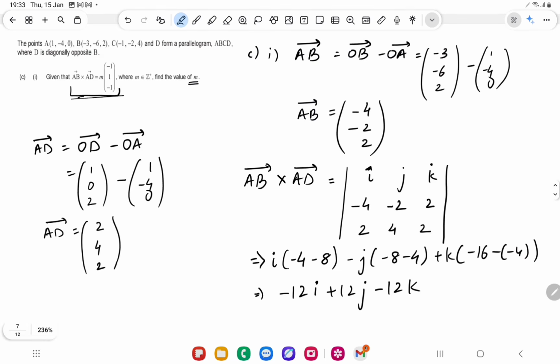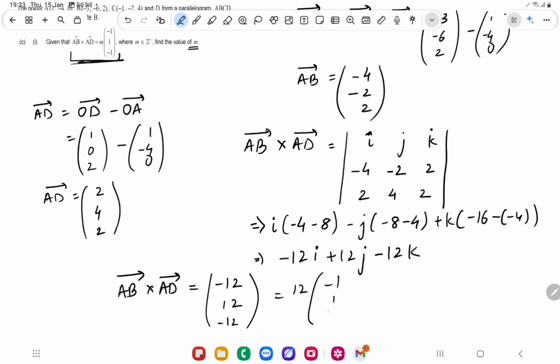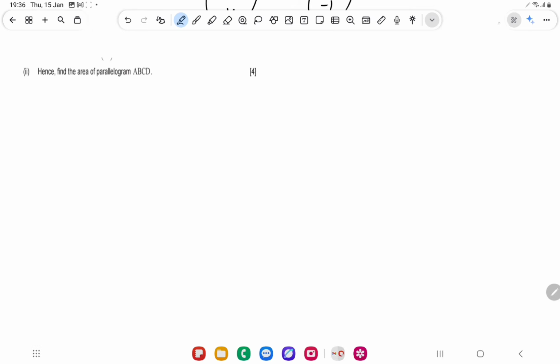Now I have to write it in this form to find the M value. So I can write AB cross AD as minus 12, 12 and minus 12. I can take 12 common. I will get minus 1, 1 and minus 1. Now if you compare this with the given condition, on comparison I can say the M value is nothing but 12.